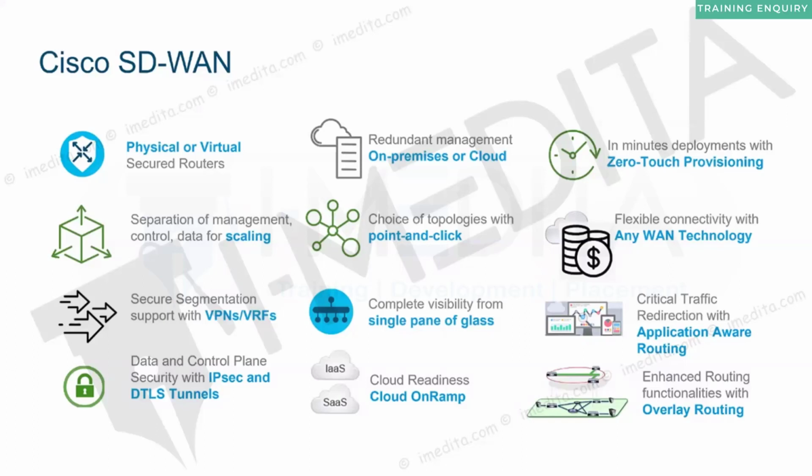And then you also get the single pane of glass. As I told you, vManage is a single pane of glass from where you do monitoring. Not only do you perform monitoring, but you also do the configurations. Not only do you do the configuration, but you also perform the troubleshooting. So everything is done from vManage. And then you also get application aware routing. As I told you before, nowadays in Cisco SD-WAN, the routers have the capability of application awareness.